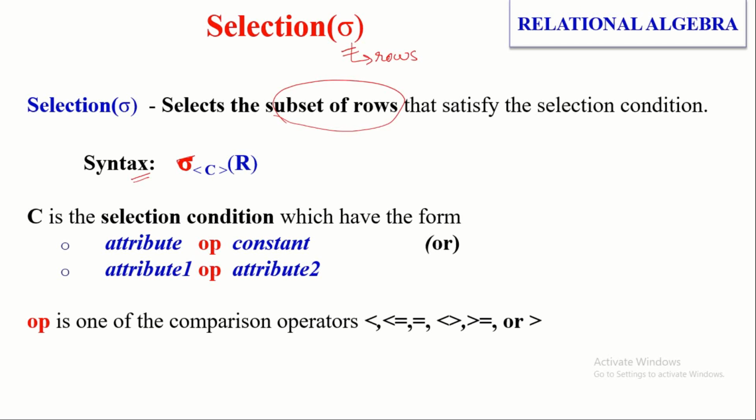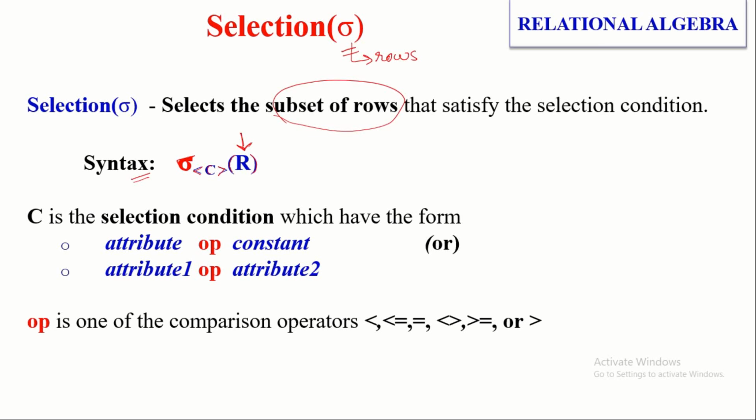Sigma needs to be specified first, and as its subscript the selection condition needs to be specified, and within parentheses the input relation needs to be specified. Since the selection operator is a unary operator, it always takes only one input table.